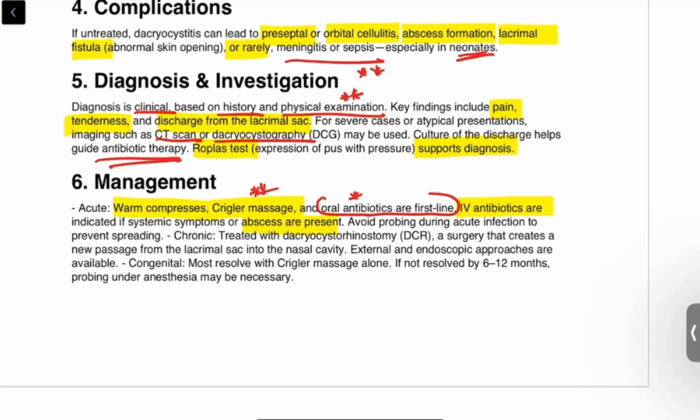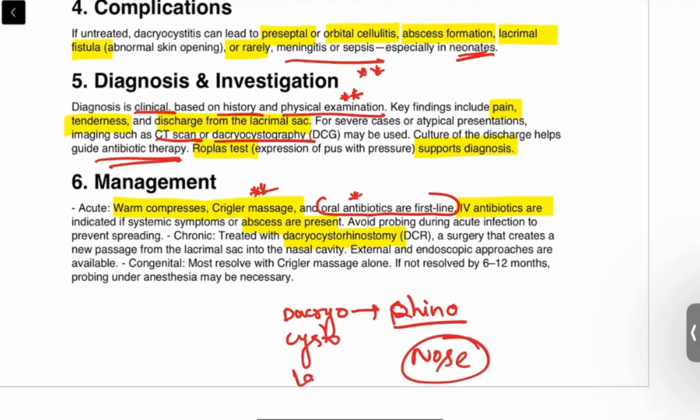Okay, if it is a case of chronic dacryocystitis, it will be treated with surgical methods, that is dacryocystorhinostomy. Just like the name suggests, dacryo means lacrimal apparatus, and rhino means nose.